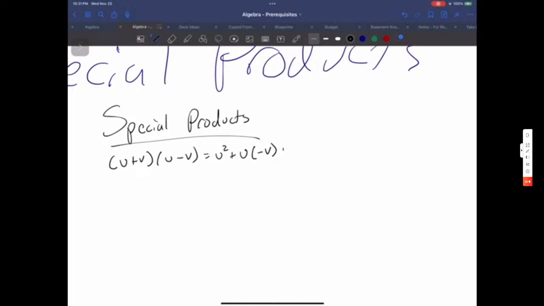Then we have plus vu, because we're multiplying this v times this u. And then we have minus v squared, because you have minus v times a positive v, but we still have to take the negative sign into account. So you get u squared, and these two terms cancel out, minus uv and plus vu, which remember you can switch around. So it's u squared minus v squared. And we call this a difference of squares.